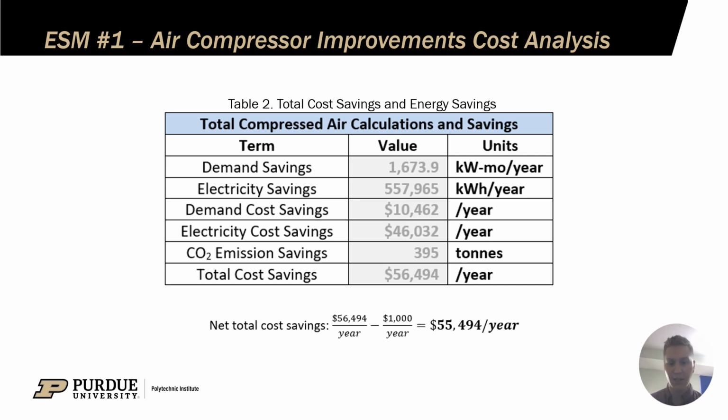When you subtract the implementation cost, it comes out to a net saving of $55,494 per year. In addition to the remarkable cost savings, it's also important to note that as the compressors will be working less to overcome the loss, they will save about 395 tons of carbon emissions annually.